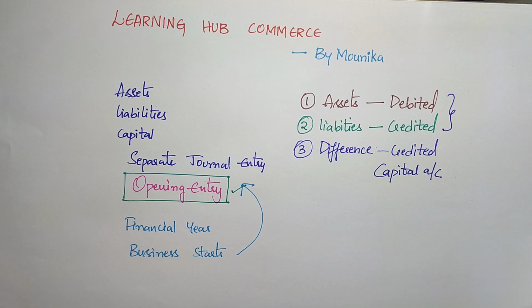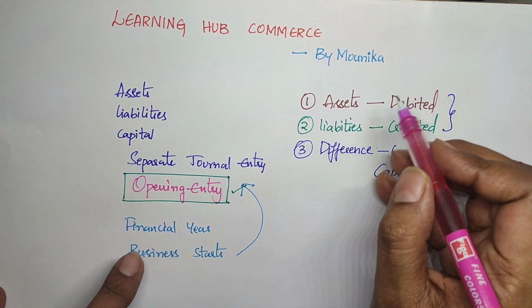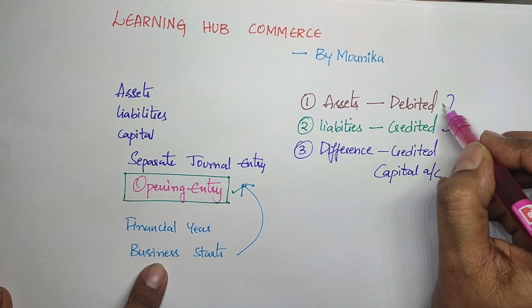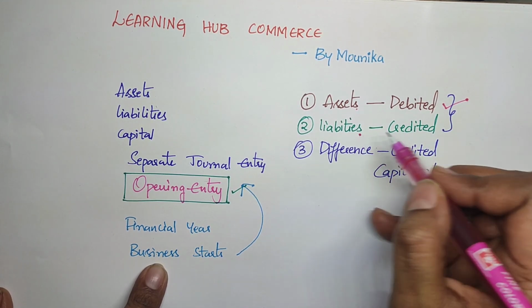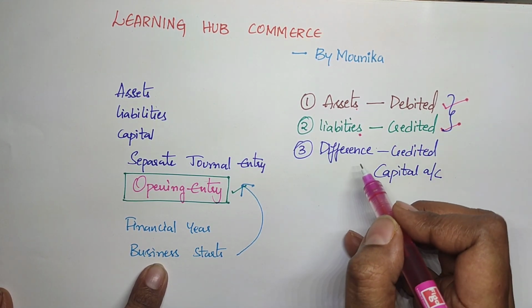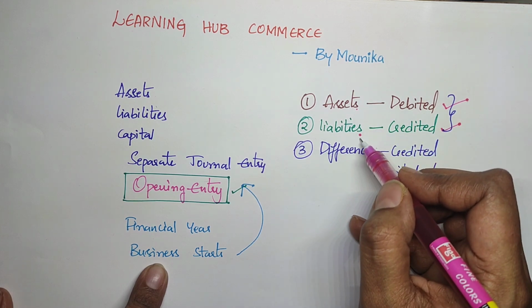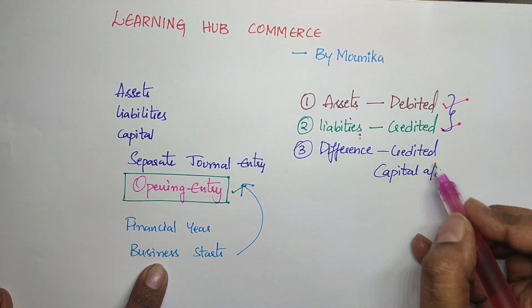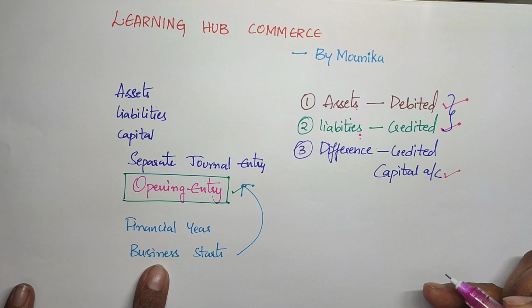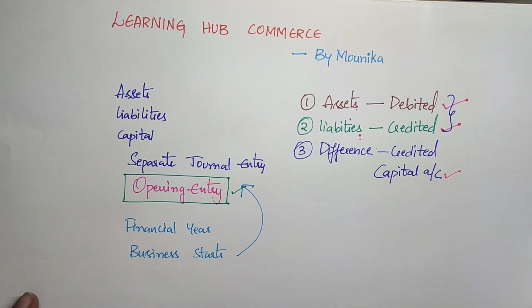Okay, so we'll just recap how to post an entry. First is the assets accounts are to be debited, the liabilities are to be credited. Whatever the difference we get between these two, assets and liabilities, is credited to capital account. Okay, now we'll take an example.